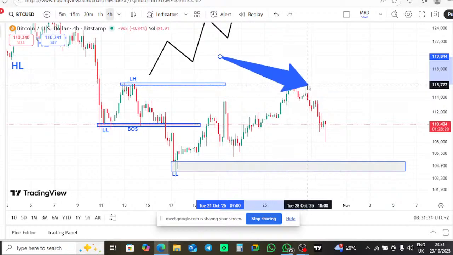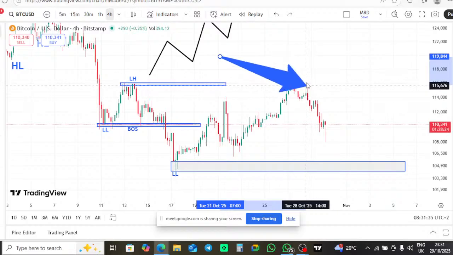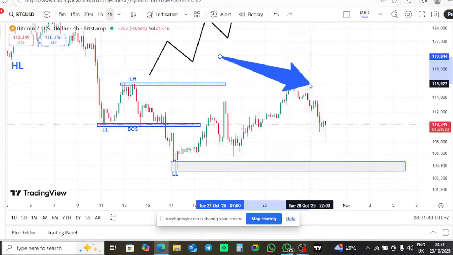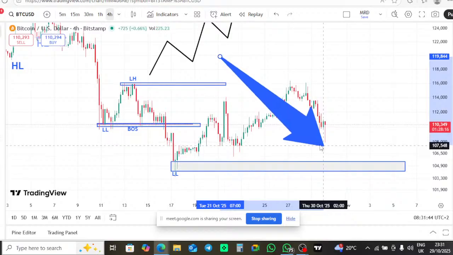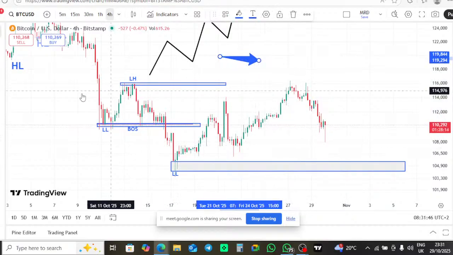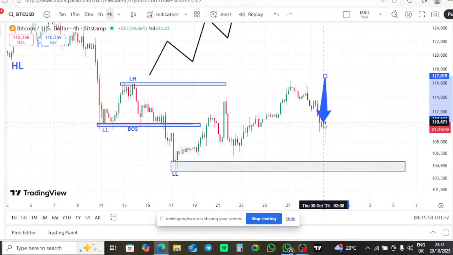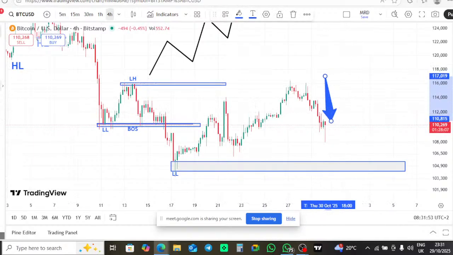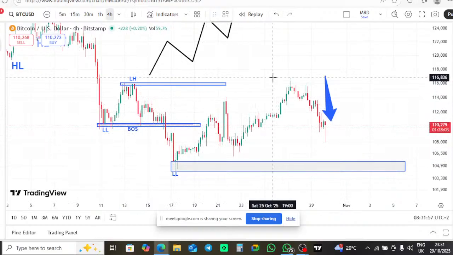Can you see? This movement was supposed to break this area, but it failed. Since it failed, we can see the market dropping down slowly. It means now we are in a downtrend. The market is no longer in an uptrend.